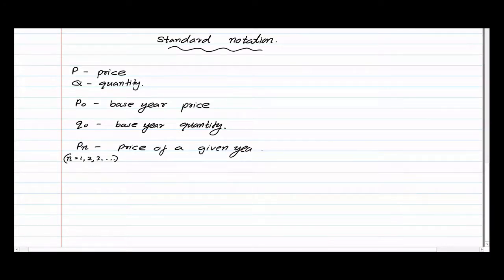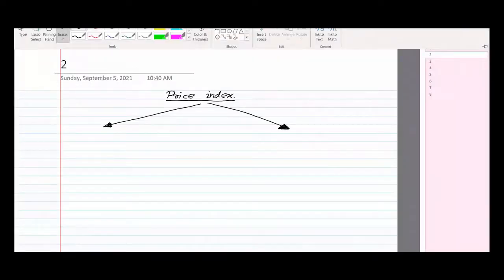In the same way, Qn is the quantity of a given year. Those are the notations we use.